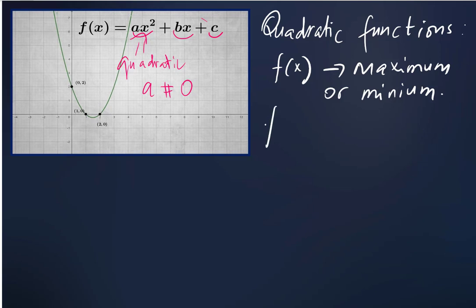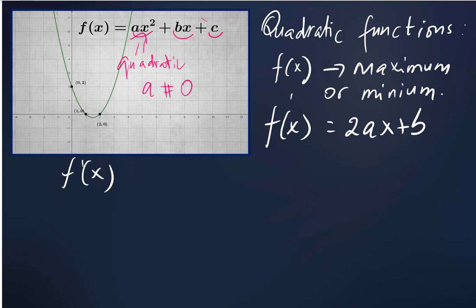So f prime of x in this situation is equal to 2ax plus b. And we know that when the derivative is equal to 0, we get 2ax plus b is equal to 0. Otherwise, x is equal to minus b over 2a.